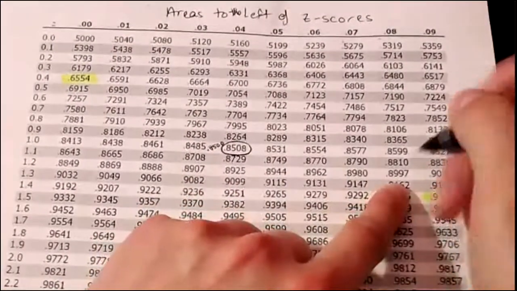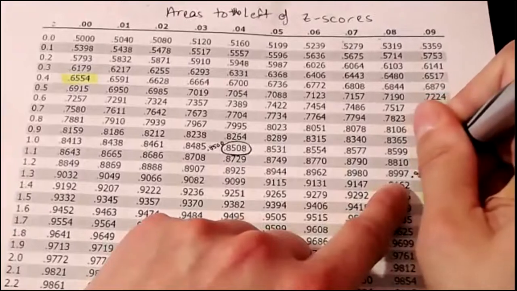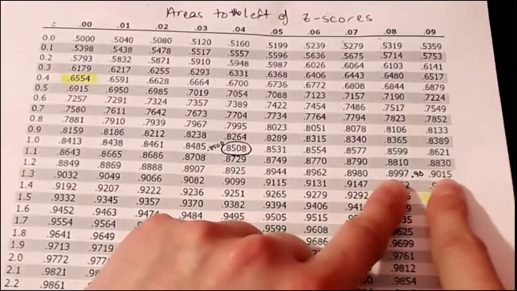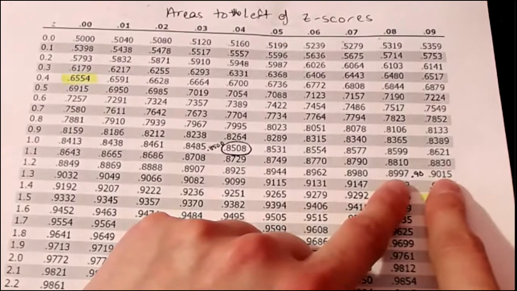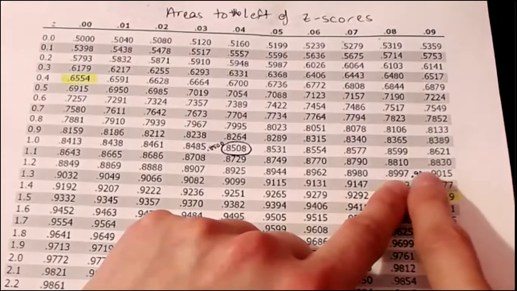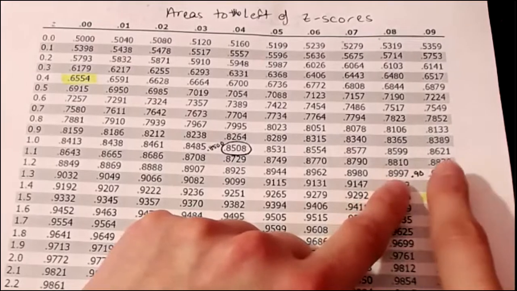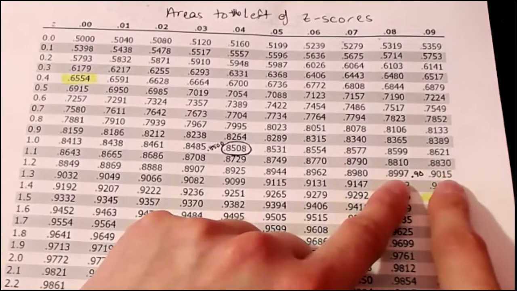I'm going to write 0.90 in between, and then we have to figure out which one it is closest to. Is 0.90 closer to 0.8997 or to 0.9015? What do you think?